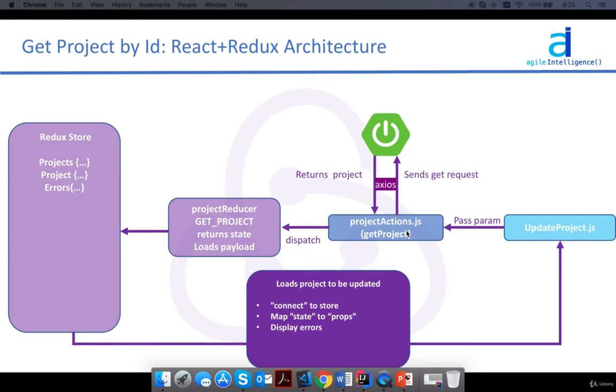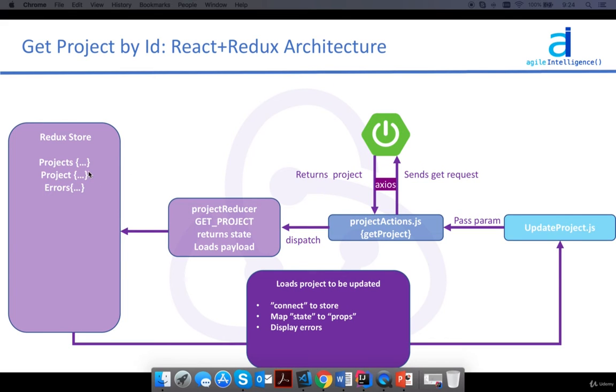That parameter is going to go back to the SpringBoot server. It's going to fetch that existing project if it exists, then dispatch the get project action along with the payload, which is that existing project, and put that project in our state.